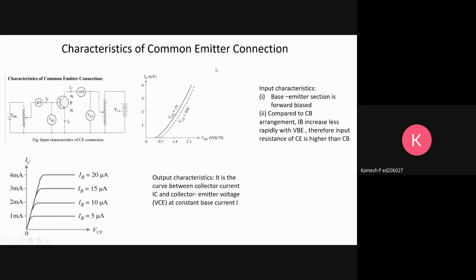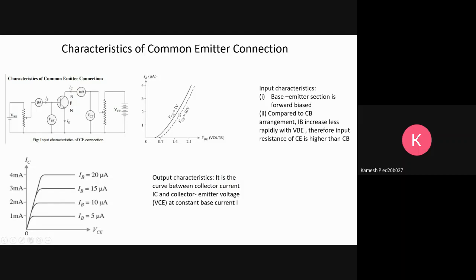So these are the characteristic graphs for common emitter connection. You can see the graph between the base current and the base emitter voltage. As VCE increases, here the ratio decreases.